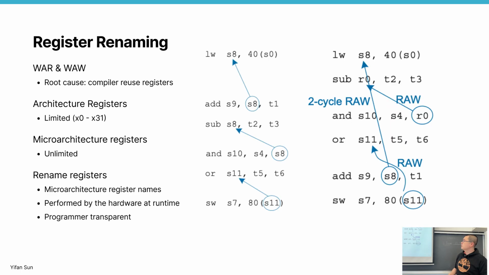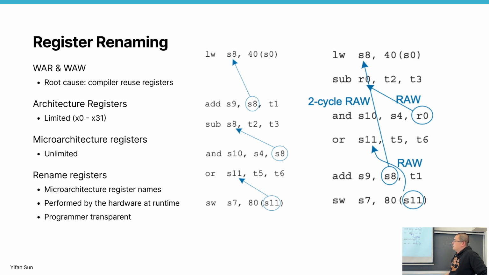If we can do register renaming, we can convert this program from two independent chains of instructions into three. What is the one chain? One chain is this load, this add, this sub, and this and. All of them use S8, right? This is one chain.